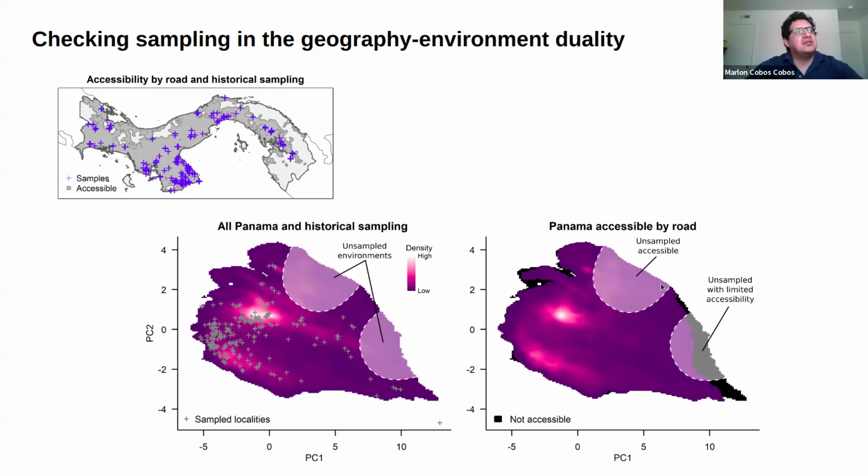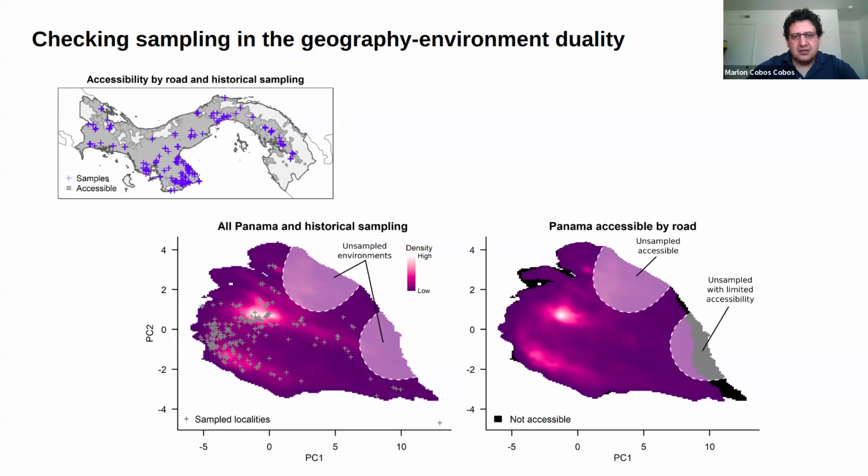So there were good news and bad news from this whole effort of sampling in Panama. The good news is that they have sampled quite a bit of the environmental space in Panama, and the bad news is that there were some key sectors that were not sampled. And also there were some key sectors that are not really accessible.